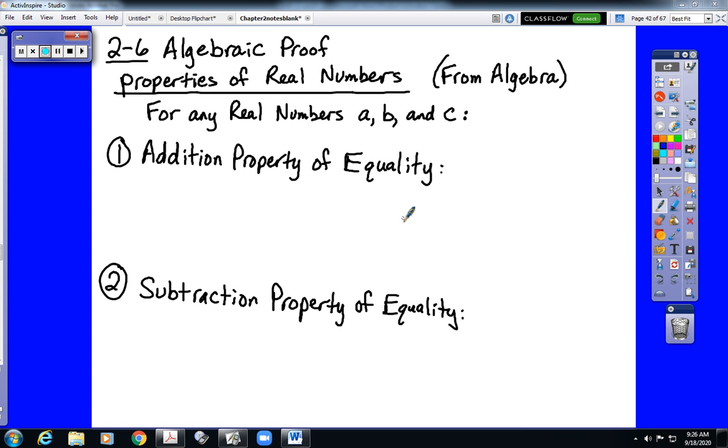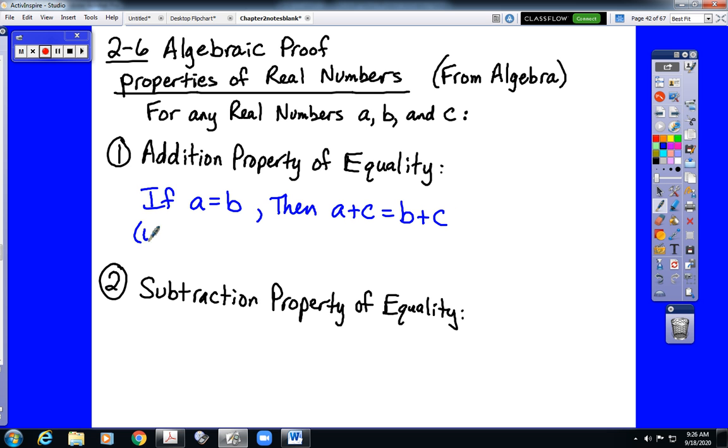So for any real numbers A, B, and C, we have 9 algebraic properties that we're going to go through. The first property is called the addition property of equality, and it's written as an if-then statement. It says if A is equal to B, then A plus C is equal to B plus C. Now what that is saying in reality is we can add any amount to both sides, and that's the key.